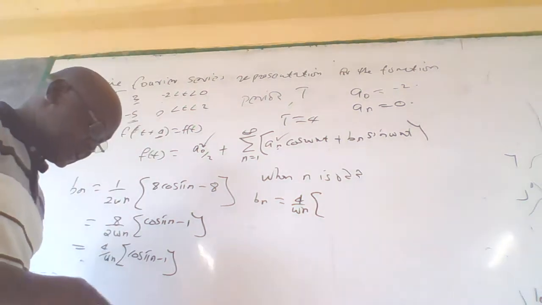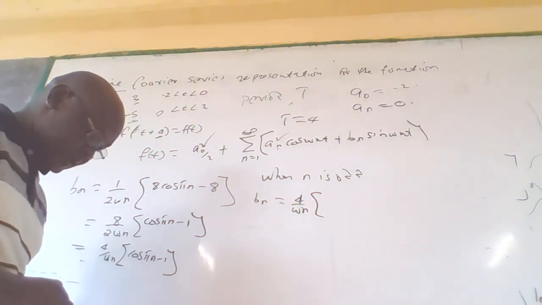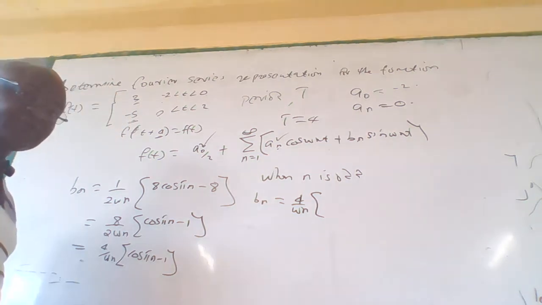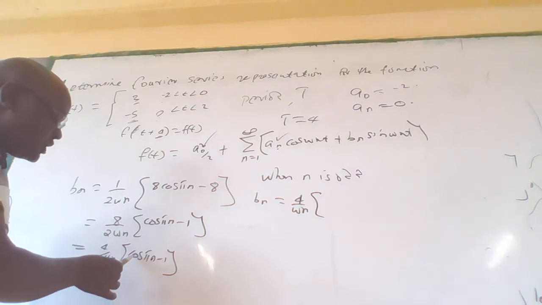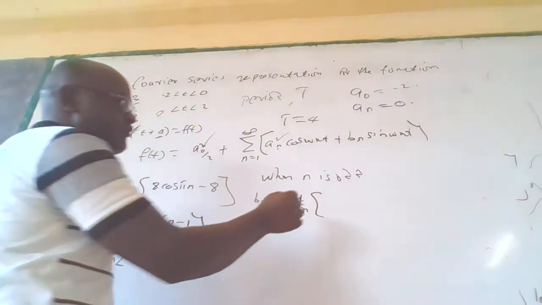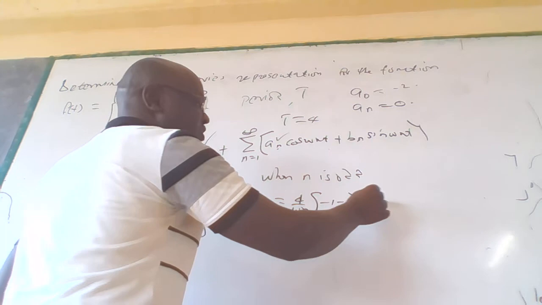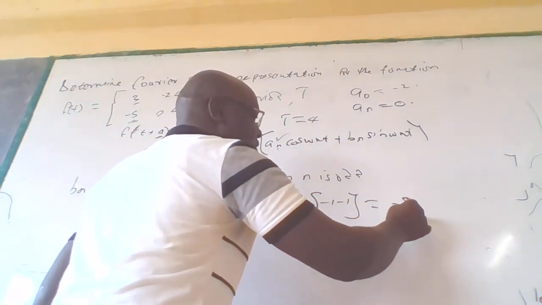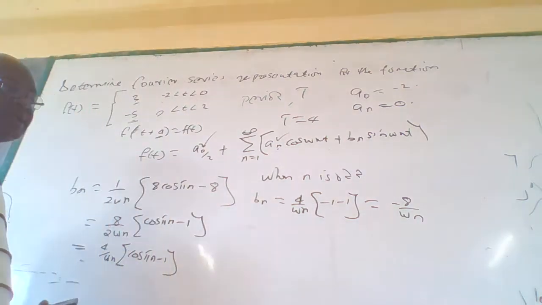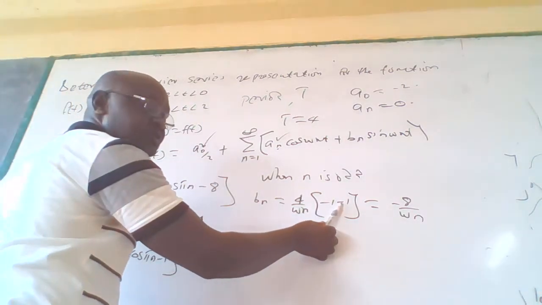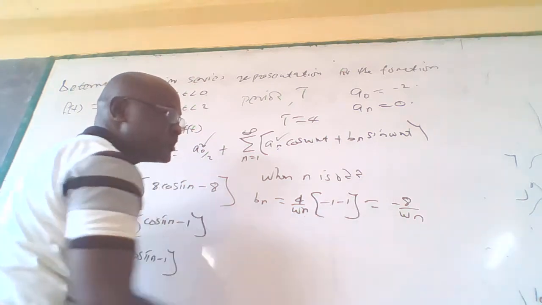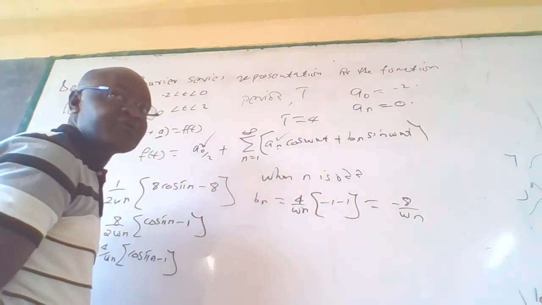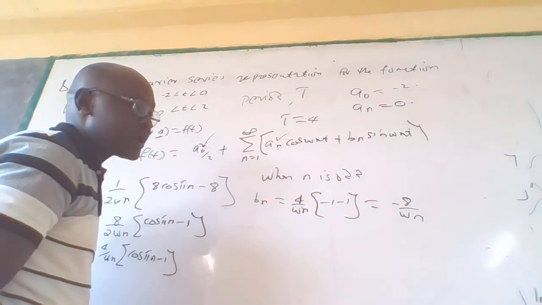When we use our calculator, cos 180 is negative 1. So we have minus 1 minus 1, you have negative 2 times 4, you have negative 8. So when n is odd, Pn equals negative 8 over omega n.